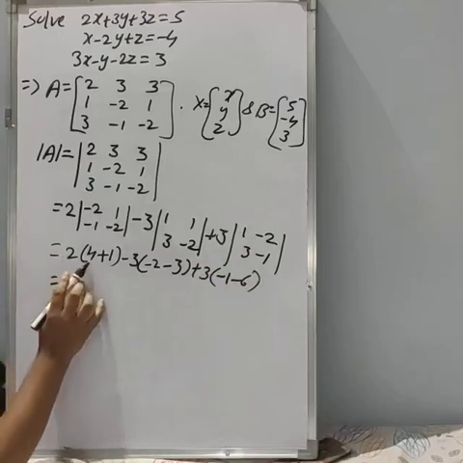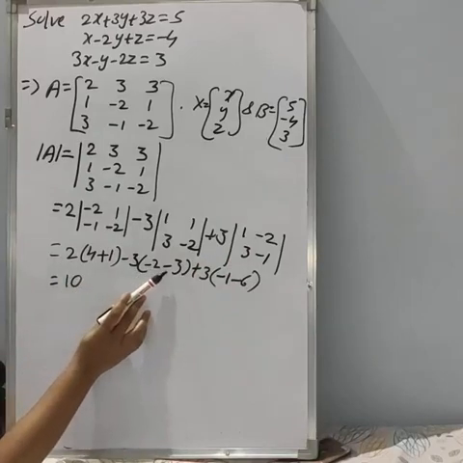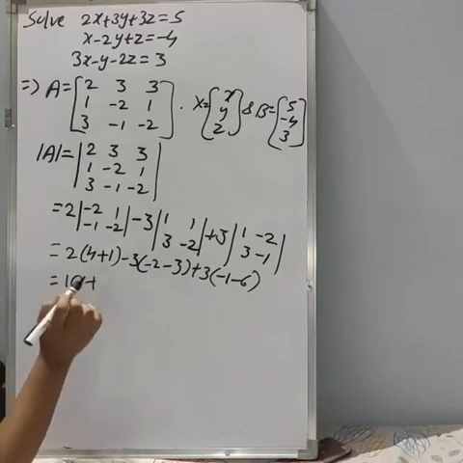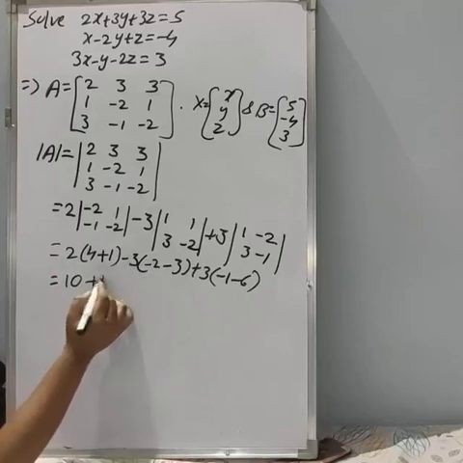Okay, so 4 plus 1 is 5. 5 into 2 is 10. Next, minus 2, minus 3 is minus 5. Minus 5 into minus 3. Minus into minus first is plus, but here we have minus 5, so 5 into 3 is 15.